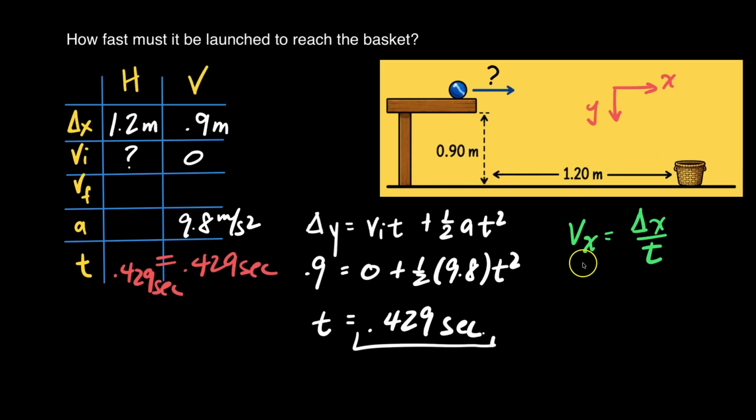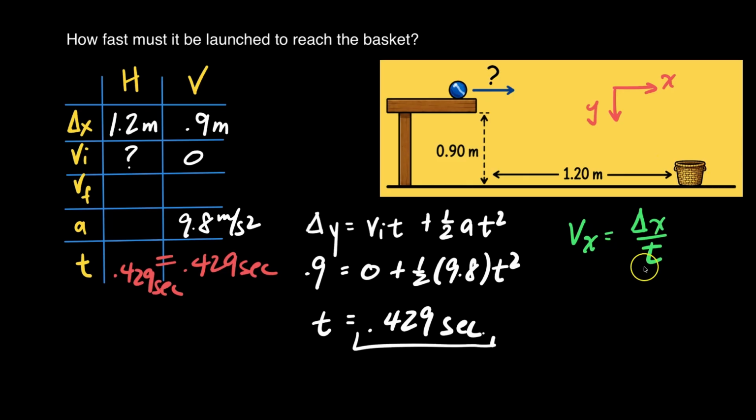And by definition, velocity is the displacement divided by the time interval. And we can use this equation because horizontally, the ball is moving at constant velocity. If you're analyzing a situation that's not constant velocity, the displacement over the time interval will give you the average velocity.